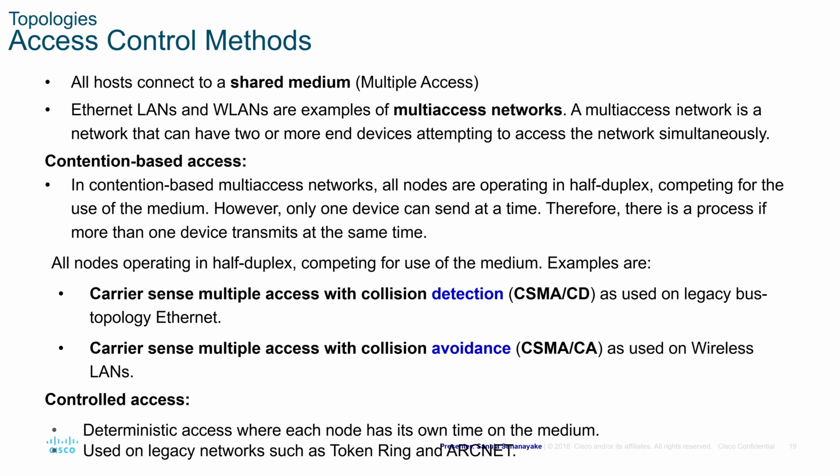In half duplex, only one device can communicate at a time, so we need to make sure that doesn't impact the quality of service or how the data is transmitted, for example by creating collisions. So how it works is that all nodes operating in half duplex compete for use of the medium.